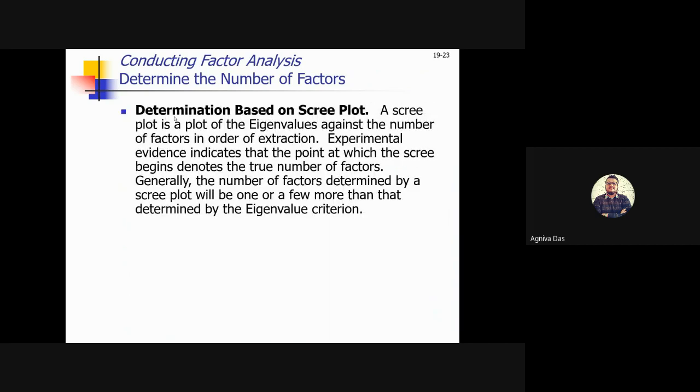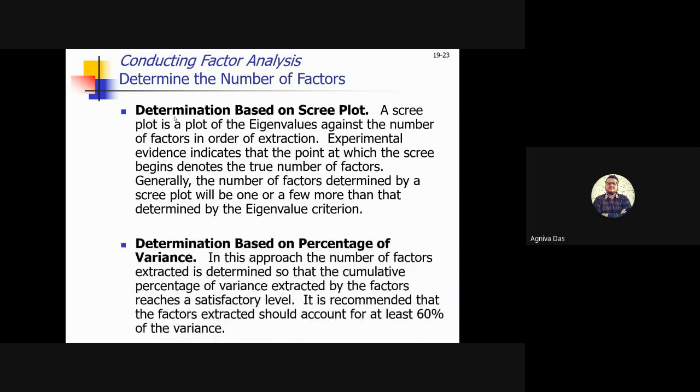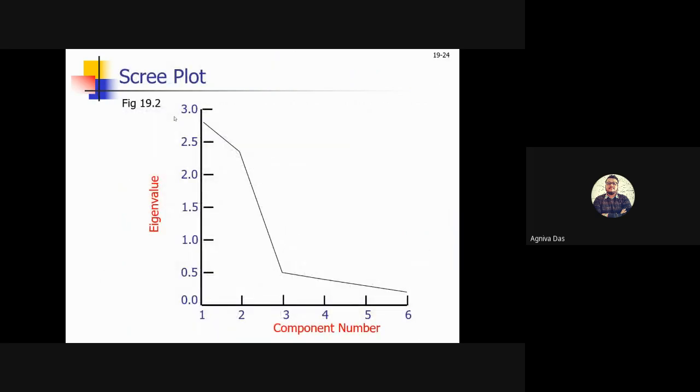Or on the basis of the scree plot. These are all the ways in which you can determine the number of factors, and percentage of variance we already discussed. Now the scree plot looks something like this. This is an elbow plot. In the lower elbow, the part after which it becomes linear, as you can see in the bottom one, this becomes linear after number 3.